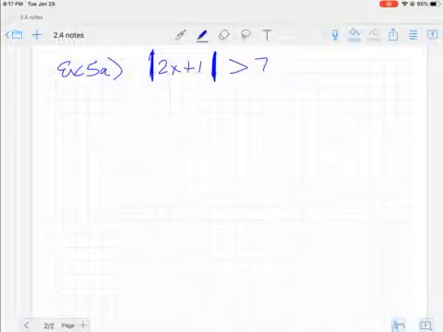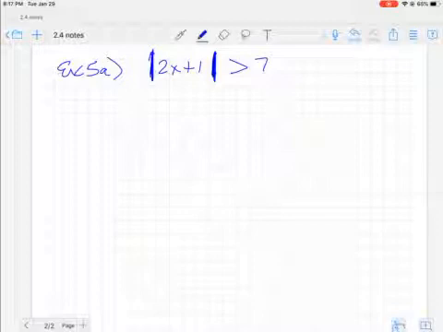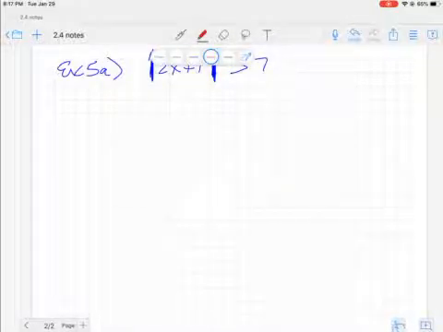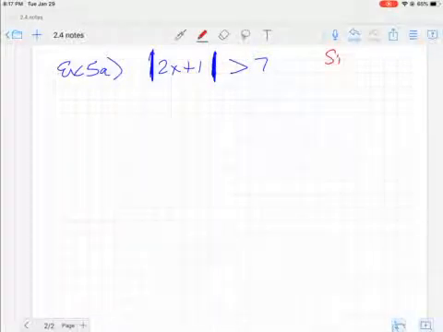Within those recesses of your brain, you know something about inequalities. Let's step aside for just a second, back to good old side notes.